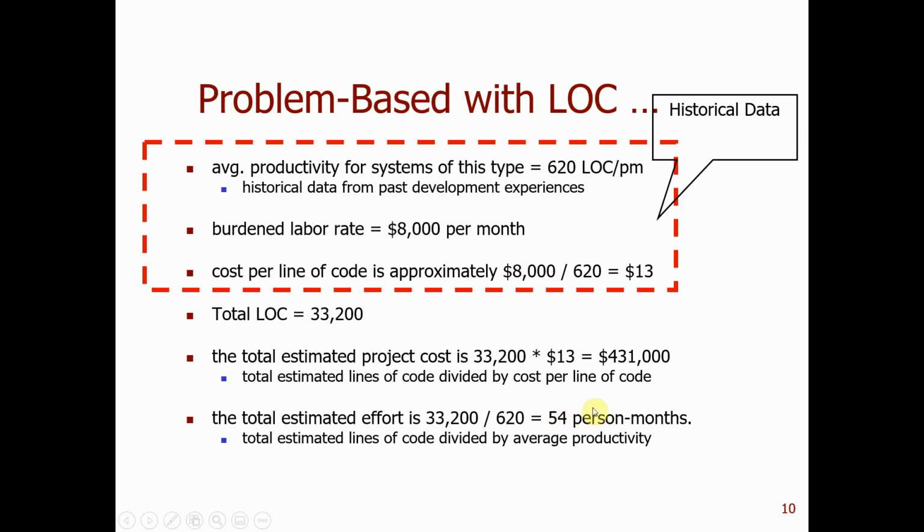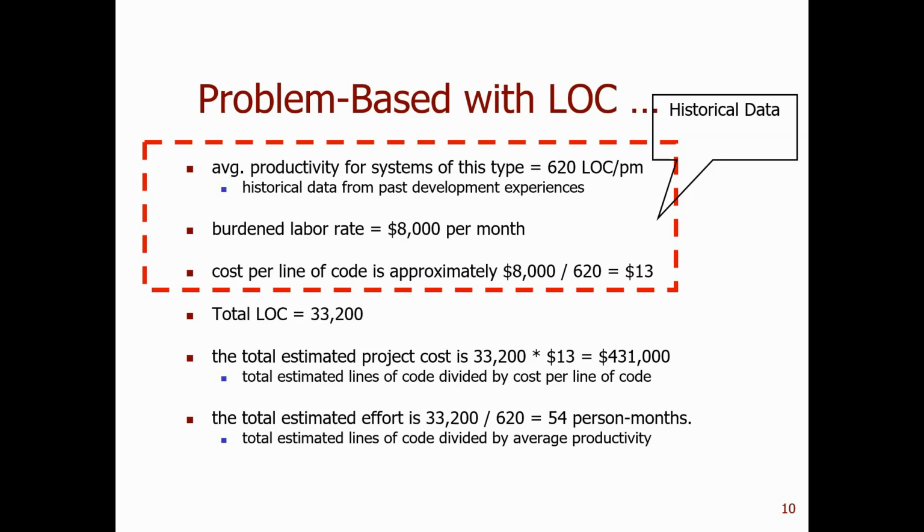So this implies that if you have 5 people, then you need about 10 months, and with 10 people, you can probably finish in 5 months. So person-months can easily be translated to a dollar value, and you know how big the team size is, and then you can estimate how long it takes to finish the project.